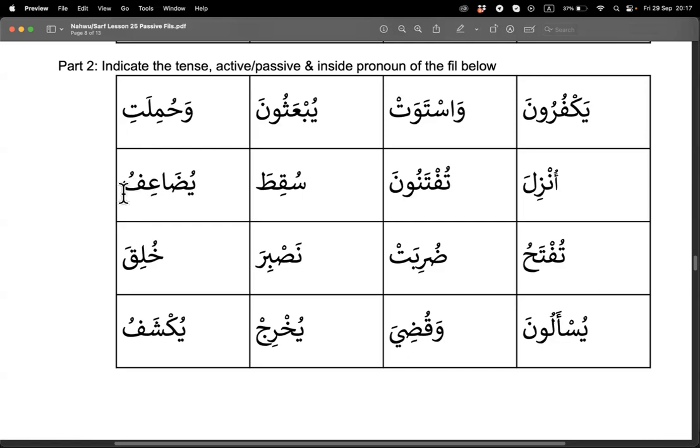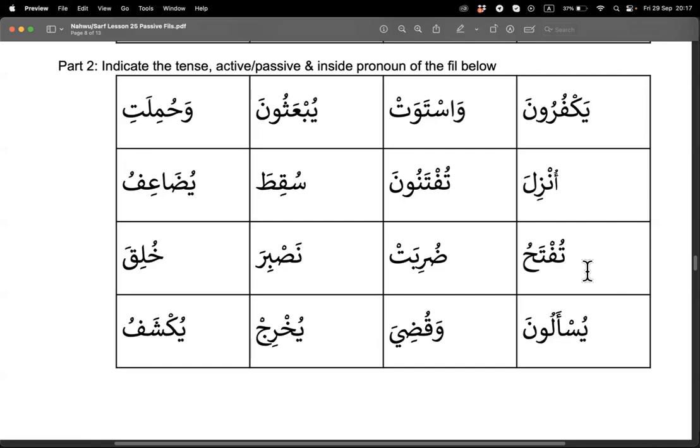Okay, next one. So this one, if it was majhul, it would have been yudha'afu, with fathah here. Good.